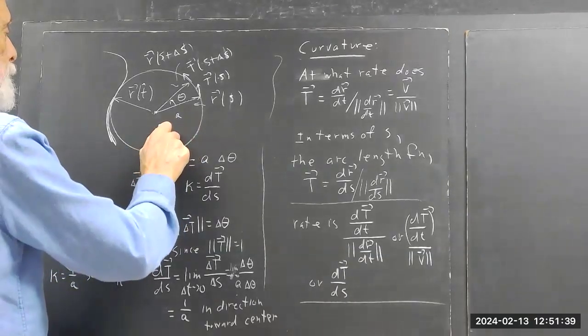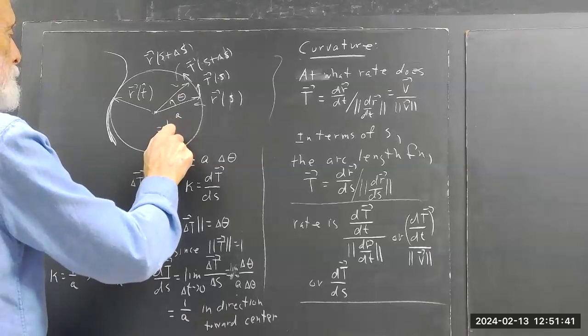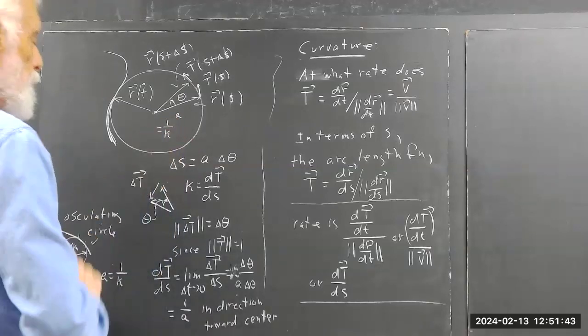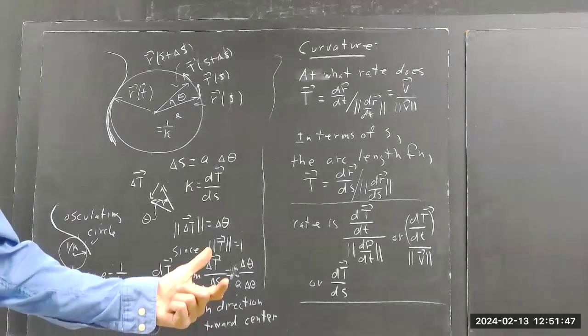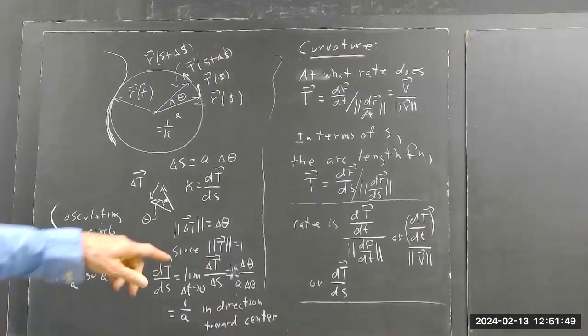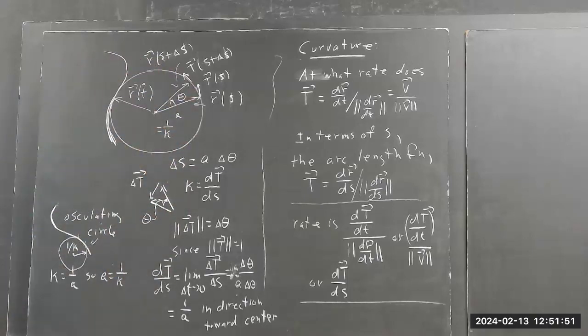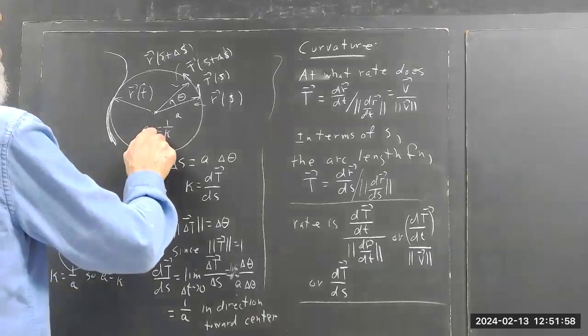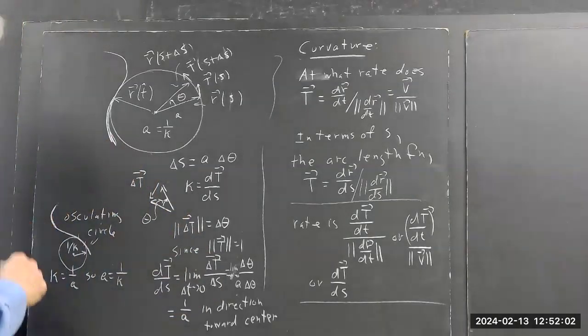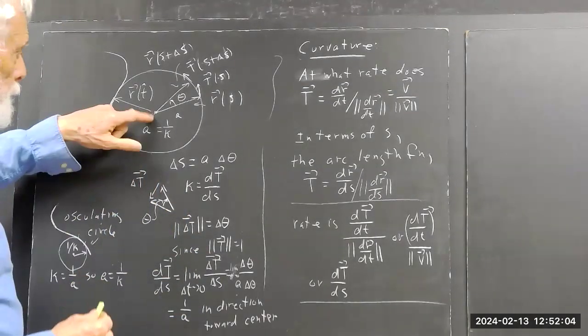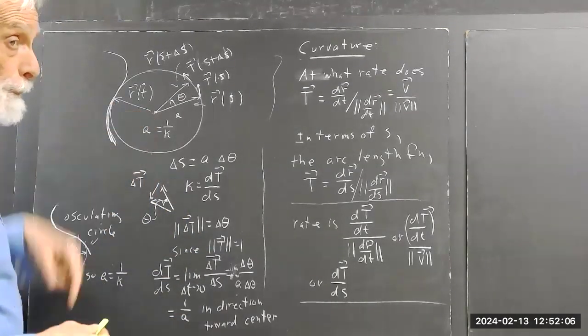So now your a is 1 over kappa. It's easy to see on a circle. Where is the center?